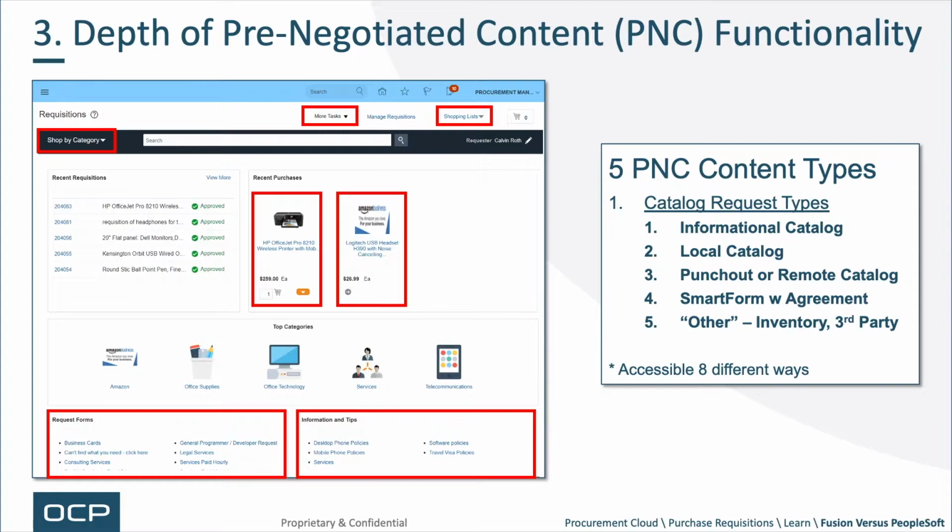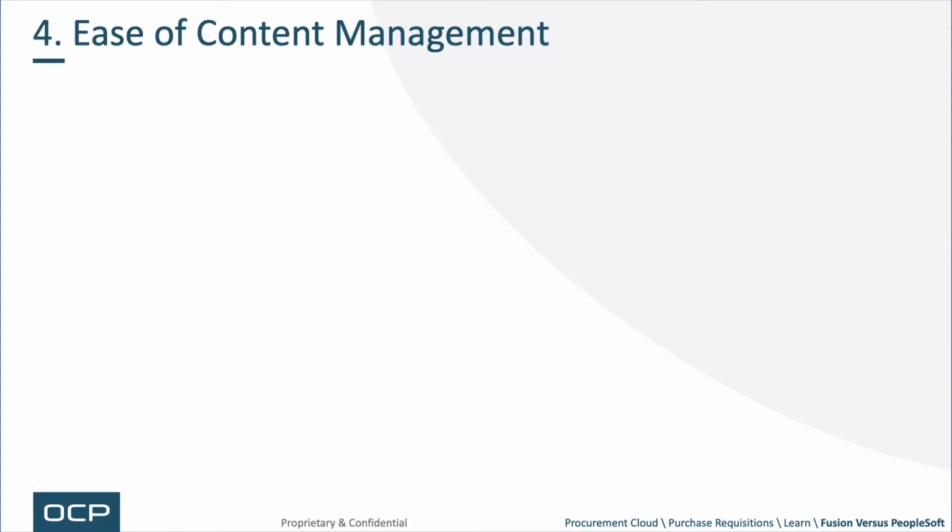You also have the same supply chain functionality from an auto replenishment standpoint from inventory. But the idea of having lots of pre-negotiated catalog, so all of those plus the informational item and a few other tweaks on those, is just a little bit more being offered within Fusion.